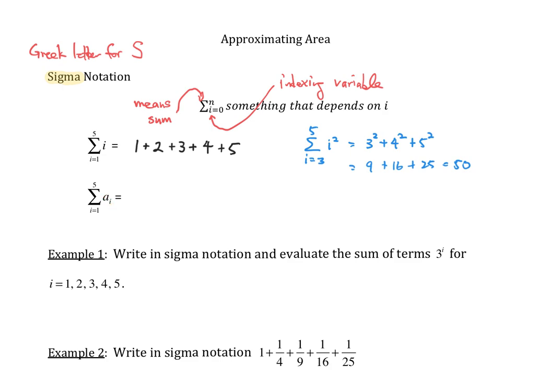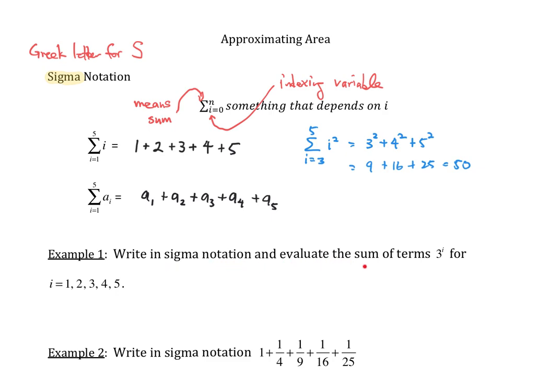So when we go to describe this sum, it's going to be a1 when i is equal to 1, plus a2 when i is equal to 2, plus a3 plus a4 plus a5.